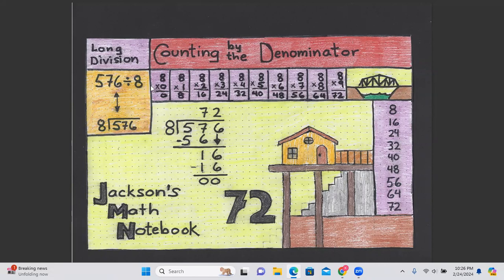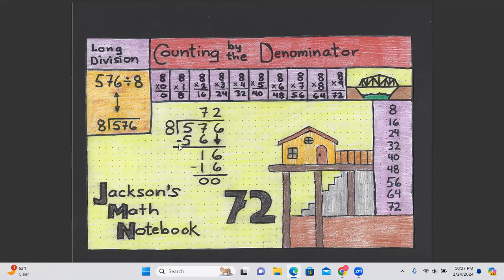And so let's do that. 8 times 1 is 8. 8 times 2 is 16. 8 times 3 is 24. 8 times 4 is 32. 8 times 5 is 40. 8 times 6 is 48. 8 times 7 is 56. 8 times 8 is 64. And 8 times 9 is 72. And we're just going to park these answers, these products, right along the right side so that we can use them in our division problem.